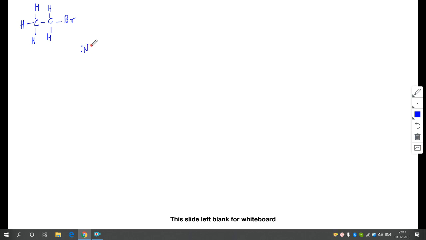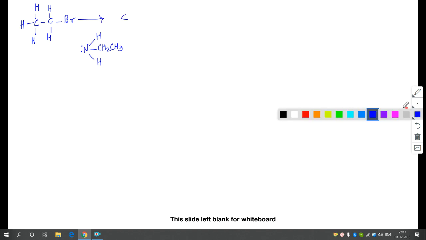I have the lone pair of ammonia. I'll tell you what is happening over here. This lone pair is again shifting to carbon, and this bond is coming and getting attached to bromine.